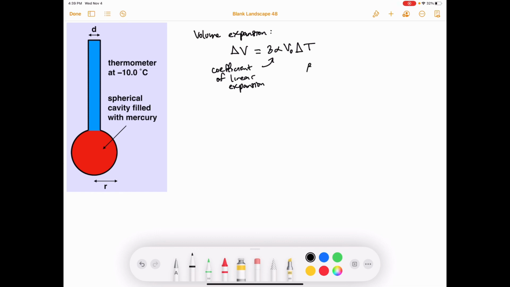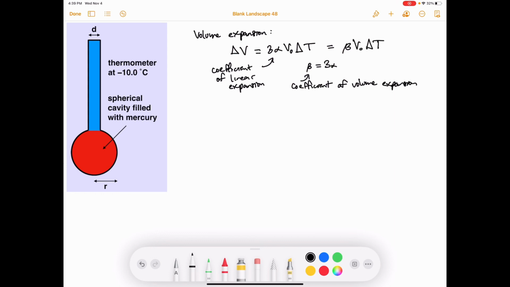Beta is what we call our coefficient of volume expansion. And beta is equal to 3 times alpha. So delta V can also be just written as beta times V naught times delta T.